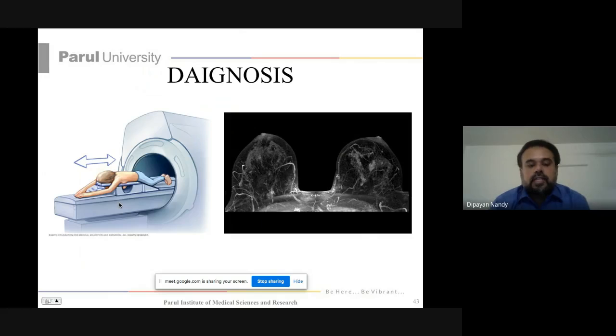The patient lies prone and the breast falls into a magnetic coil, and the breast images are generated like this. But of course, the availability of this is limited. So in absence of this, we go ahead with the general breast MRI. But the ideal one, of course, would be an MRI with a dedicated breast coil.